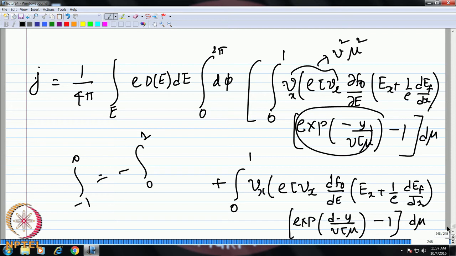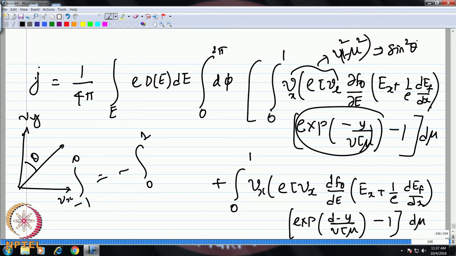Okay, just hold on. Vx is not cos theta here, it is sin theta, because our notation is, this is my theta, and this is my Vx. So, therefore, Vx will be V sin theta. So, this will be 1 minus mu square, which is nothing but sin square theta. Vy is V cos theta.